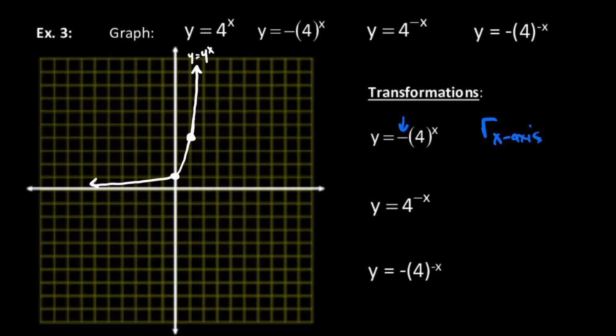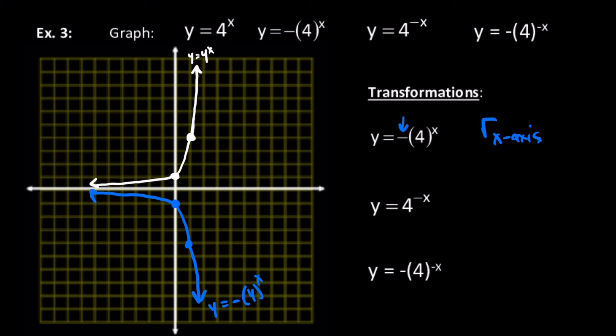So if I were to reflect this graph in the x-axis, this point here, (0, 1), would become (0, negative 1), and (1, 4) becomes (1, negative 4). So quickly sketching that in, I have this. So there is y equals negative 4 to the x.